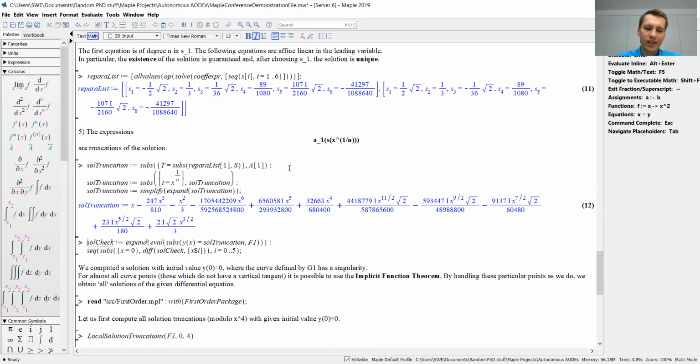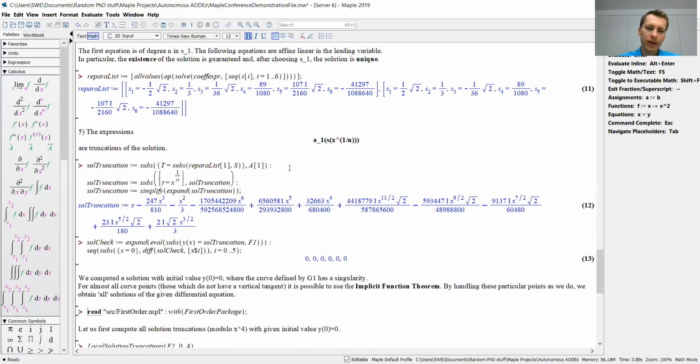And now let's check whether this is indeed a solution. As you can see, the first coefficients are all vanishing. Hence, it's a truncated solution. From theory, we also know how many terms we have to compute, from which on we can guarantee existence and uniqueness of the solutions.